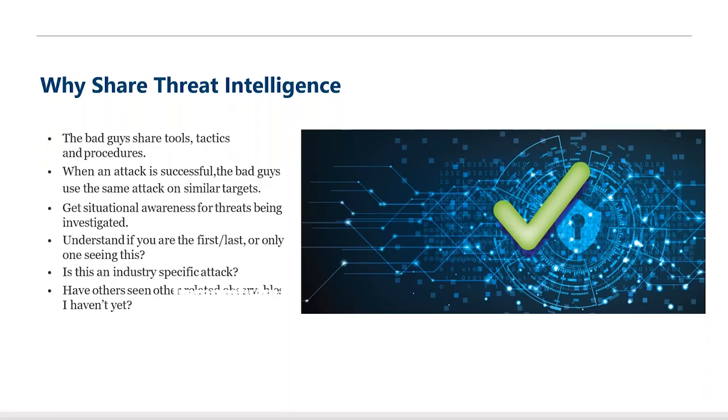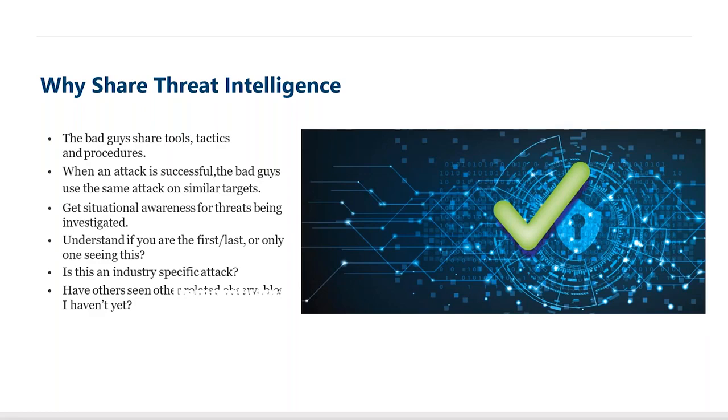Third thing is that there needs to be situational awareness for threats being investigated. This is something which is very important. If there is any organization which is experiencing a threat or an incident, they should share that within a trusted circle. For instance, I come from the higher education space, the research and education space.